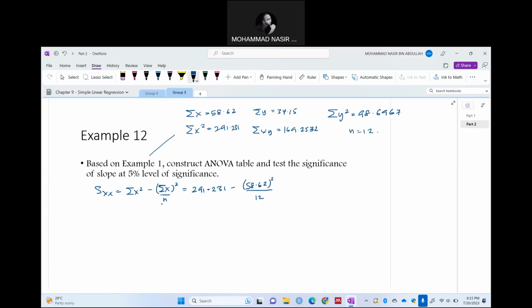And you should remember, summation of x square is not equal to summation of x and then you square. Remember this. In the test, some people also did that. So this should be equal to 4.8723. This is based on the last example.